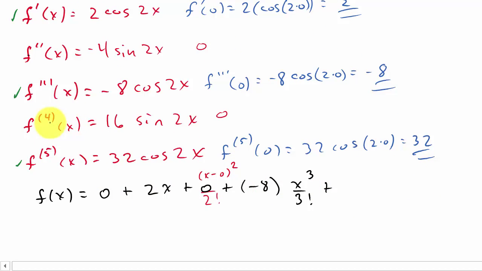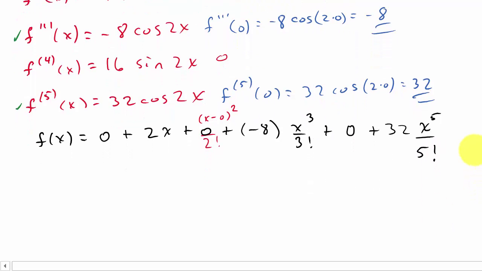Plus, now the fourth derivative was 0, and remember this would be x minus 0 to the fourth over 4 factorial, but since that's multiplied by 0, it's just going to be 0. Plus, now the 32, the fifth derivative evaluated at 0, times x minus 0 to the fifth, which is just x to the fifth, over 5 factorial.